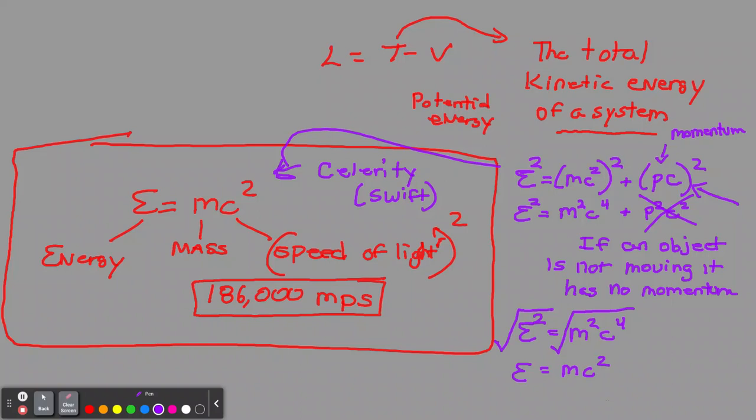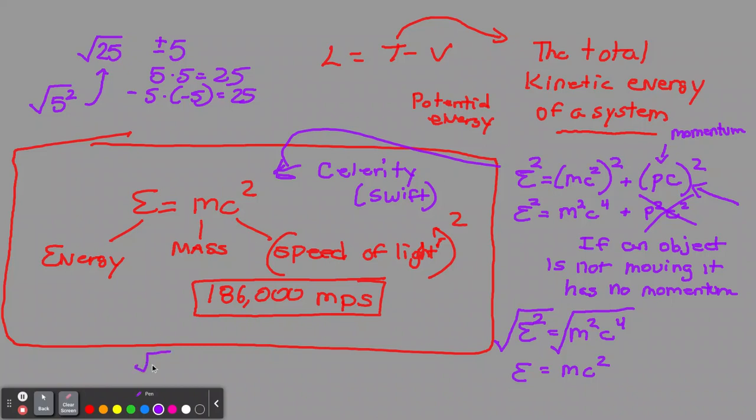Now, if you're unfamiliar with square roots, I'll just basically show you something here. If we did the square root of 25, for example, well, that's plus minus 5, right? Because 5 times 5 is 25, or negative 5 times negative 5 is 25. If I said the square root of 5 squared, well, we know 5 squared is 25, so that'll give us the same answer.